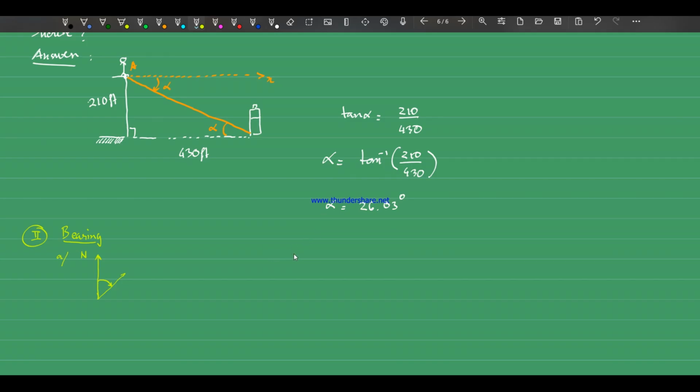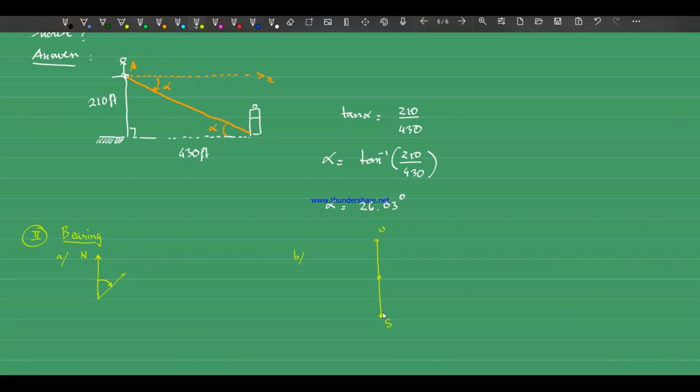Okay, and the second bearing position is measured with respect to the north and south line. So with respect to both north and south, not just north. North and south are considered as the reference axis. So it could be both the positive and negative y-axis, not just positive.